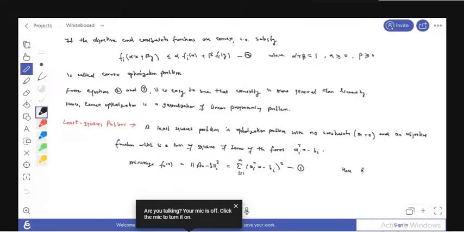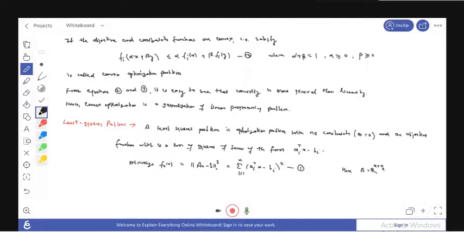Matrix A is a matrix of order k cross n, and the ai transpose are the rows of matrix A. The vector x belongs to Rn.